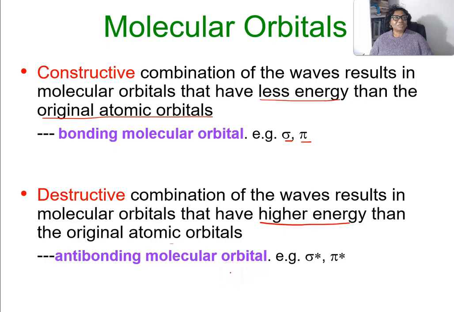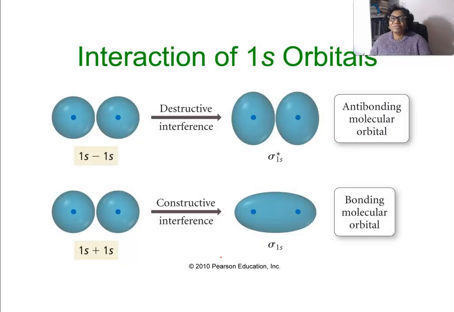So these are the two types of molecular orbitals that we are going to encounter. Let's look at the interaction of 1s orbitals.